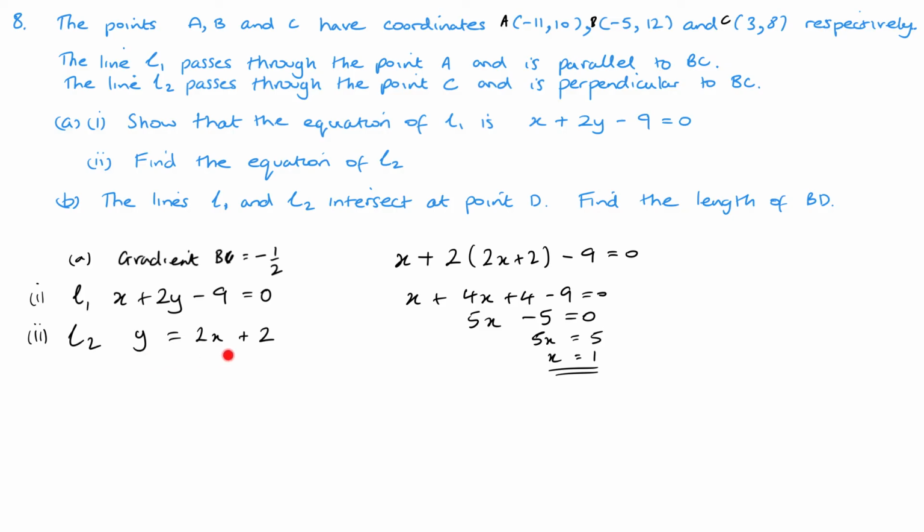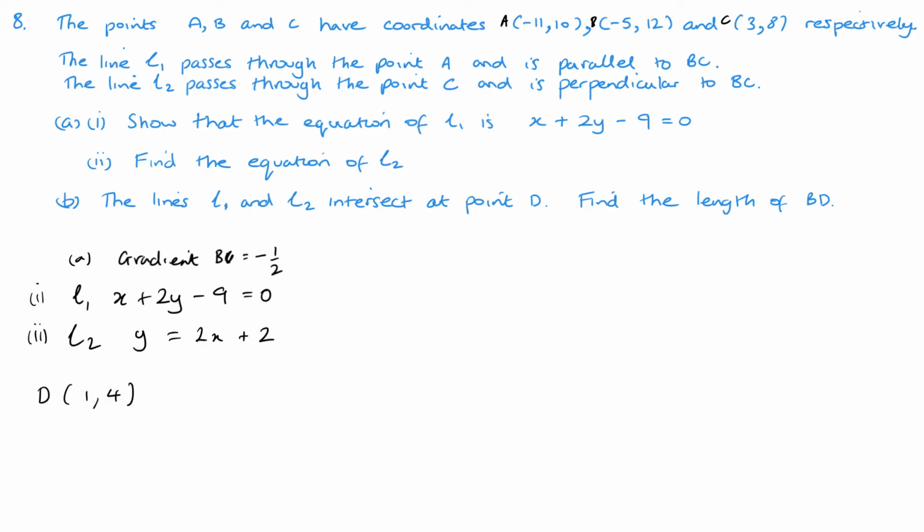And then if I substitute into this equation to get y equals 2 lots of 1 plus 2. So y equals 4. So coordinates D is 1, 4. Now we need to find BD. So we got B's coordinates as minus 5, 12, and D's coordinate is 1, 4.